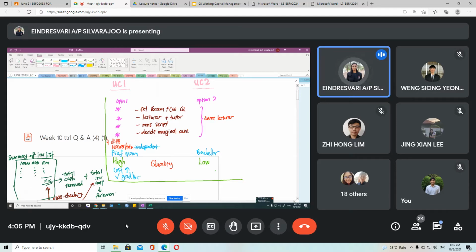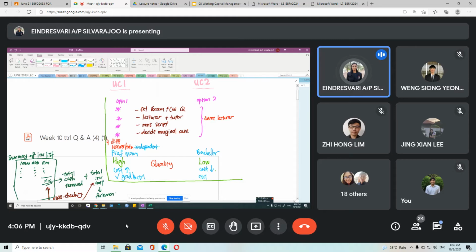Another university has the option where you have the same lecturer do the same tasks, so you will save cost. Cost wise, it is lower, but control wise, you cannot run a university like this, right?